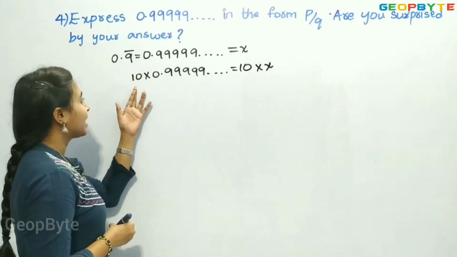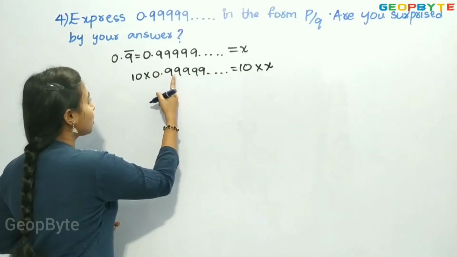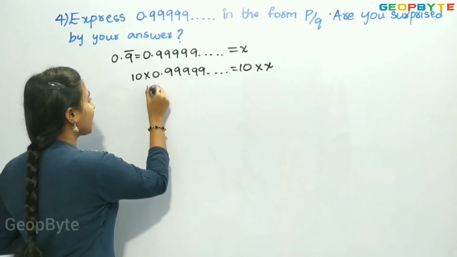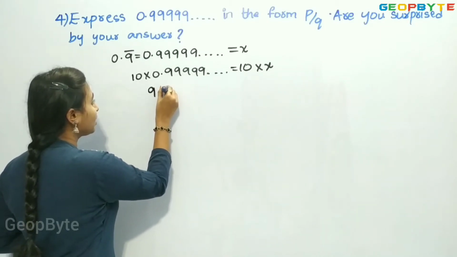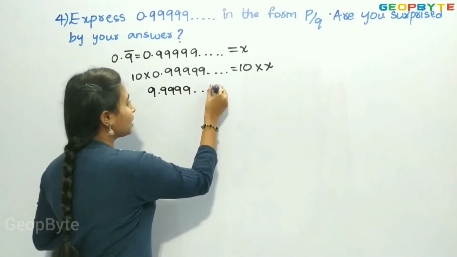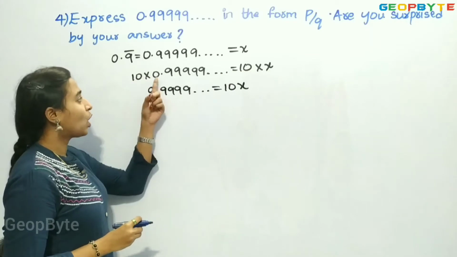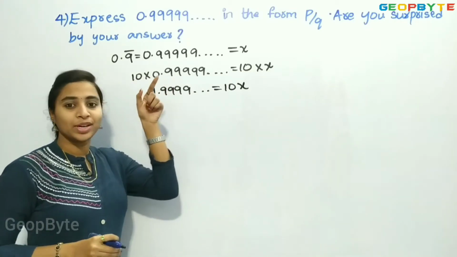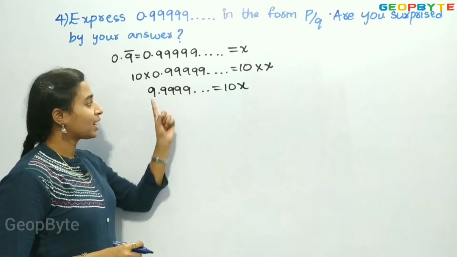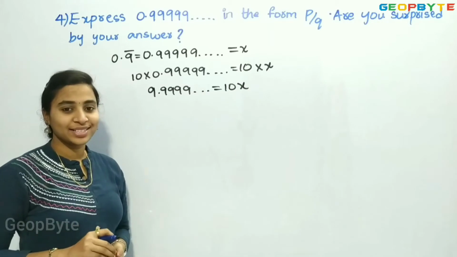If we multiply 10 to this number, the point moves one step towards right. So 9.9999 and so on is equal to 10x.